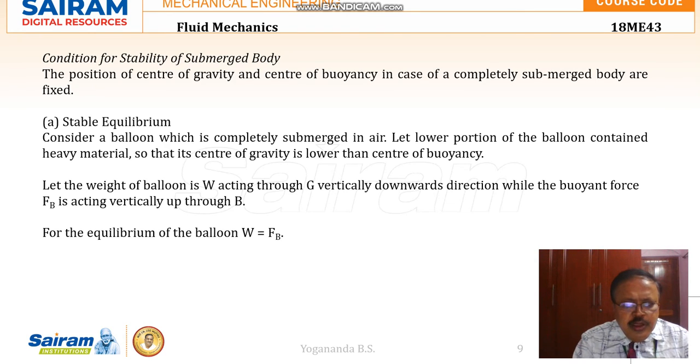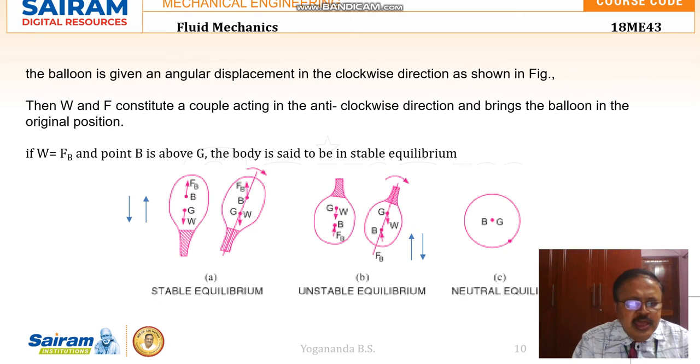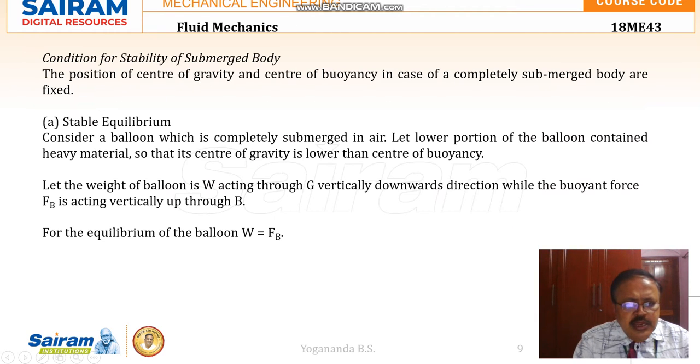So let the lower portion of the balloon have heavy material. The mouth of the balloon is kept at the bottom, so the bulged portion of the balloon is exposed on the top. So we have heavy material here at the mouth, right?